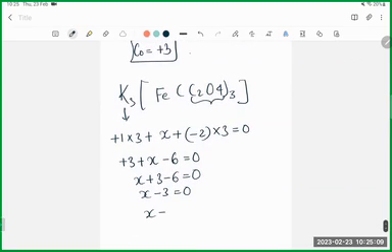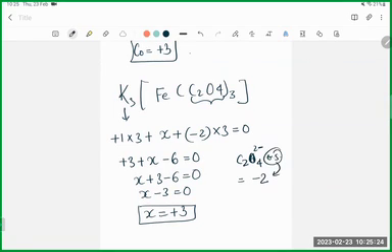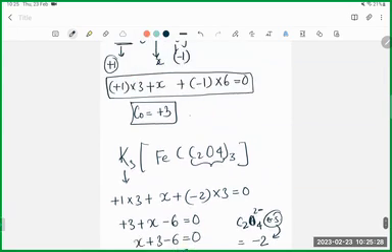Clear? Oxalato is bidentate, C2O4. How many charges does it have? -2. So the oxidation state will be -2. Did you understand? Do the next one.